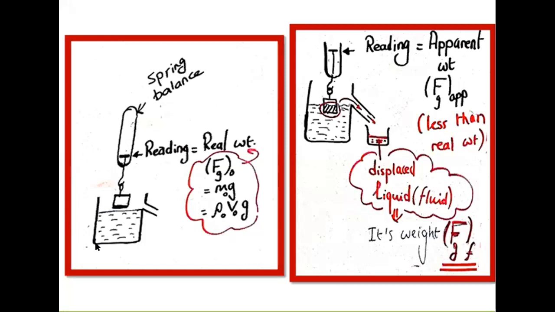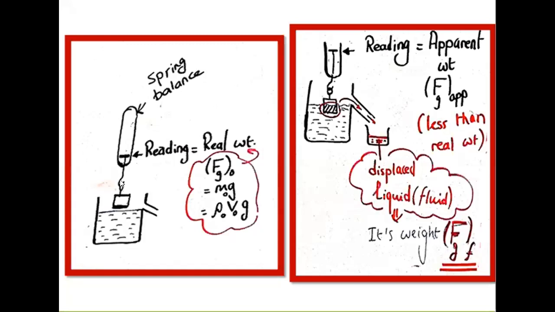Well, to determine the buoyant force, we will hang or suspend the object on a spring balance. You know the spring balance, the balance that we use to get the weight of bags and so on.